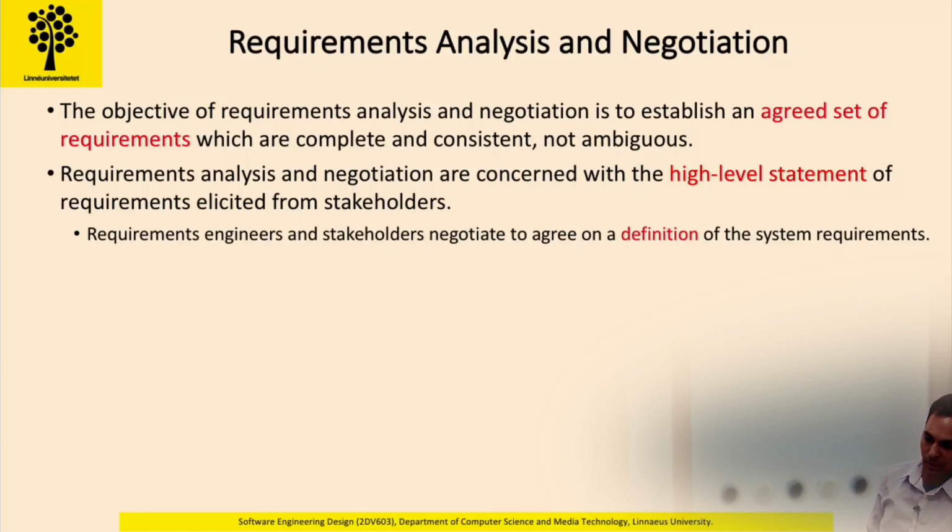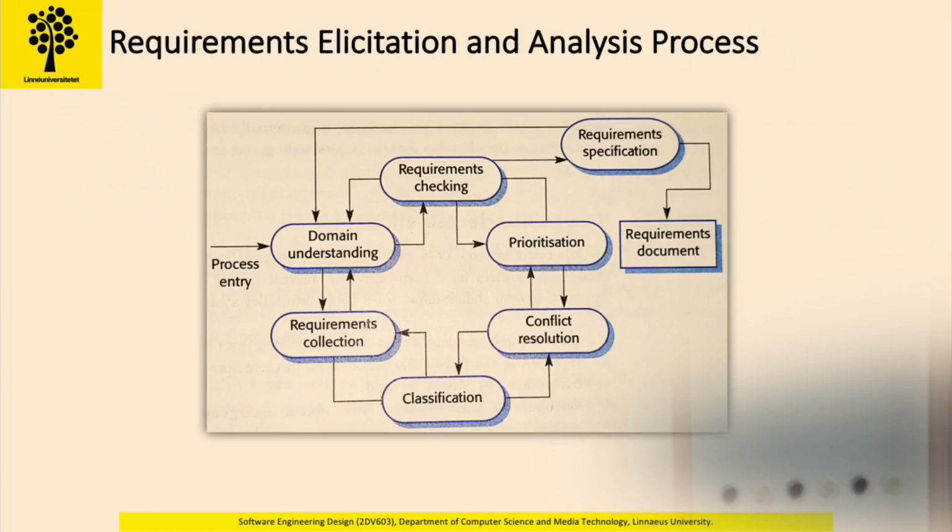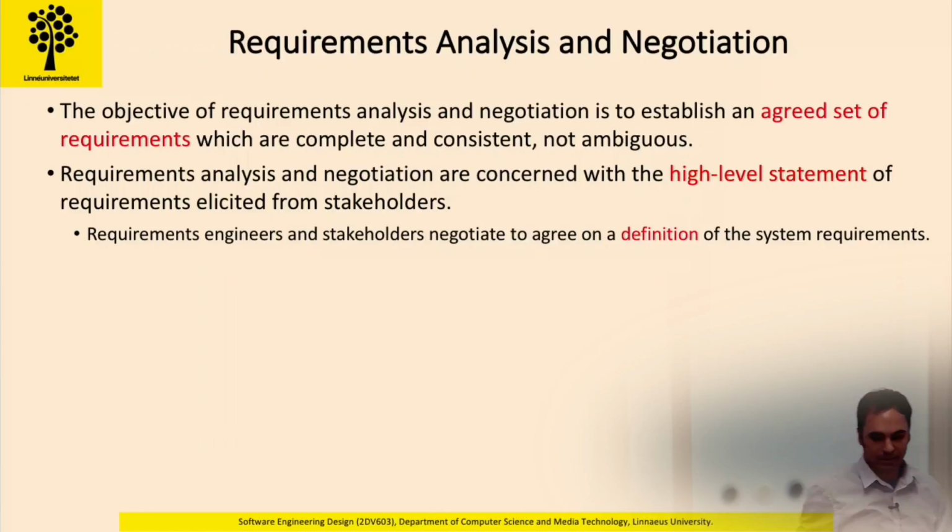This is done through negotiation. Since analysis involves classification, conflict resolution, and prioritization, they are dealing with high-level statements of requirements, so they don't have any models or diagrams yet.